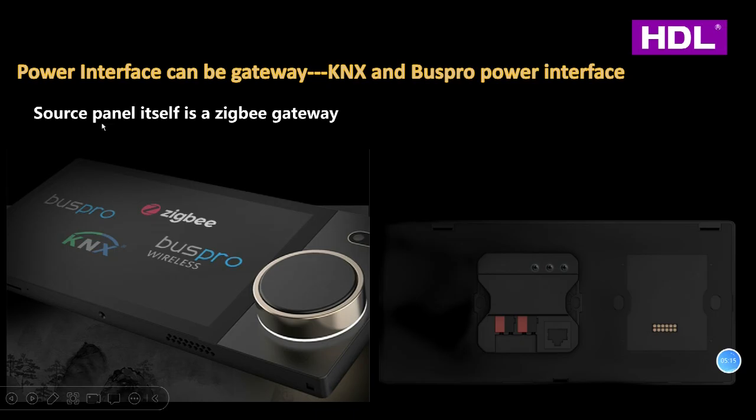You can see this is the panel. The panel itself actually is a gateway. It's a Zigbee gateway. And then it will have different power interfaces. If you buy a Bus Pro interface, then it's a Bus Pro gateway actually.